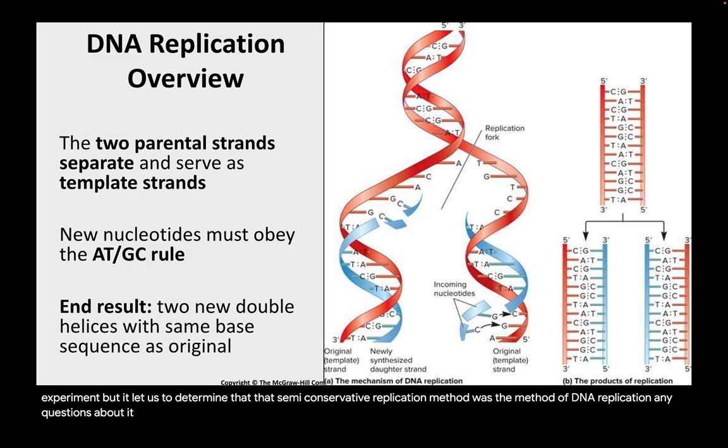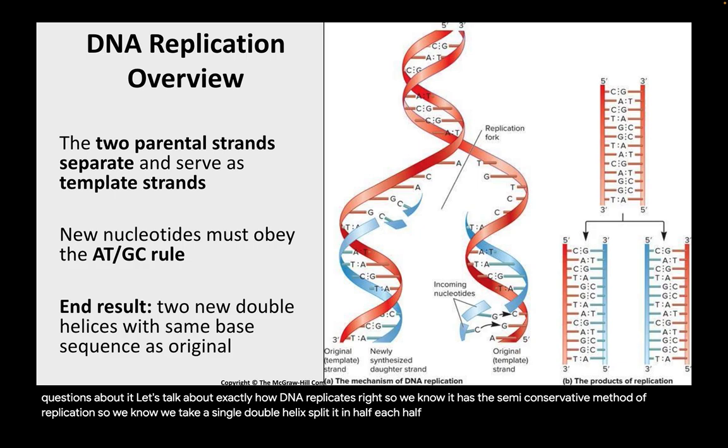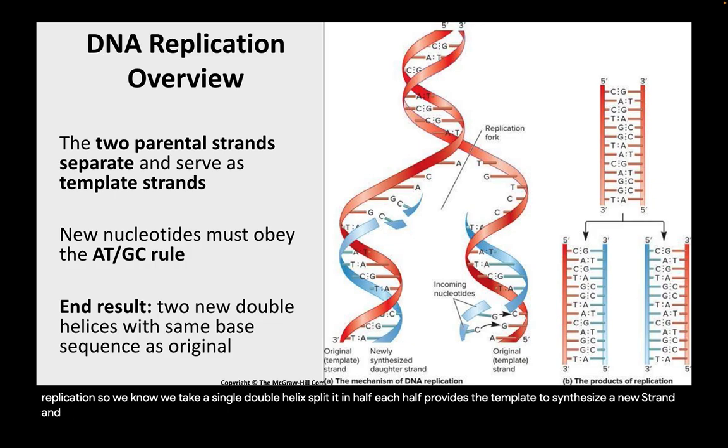All right, well, let's talk about exactly how DNA replicates. So we know it has the semi-conservative method of replication. We take a single double helix and split it in half. Each half provides the template to synthesize a new strand, thereby creating two new double helixes.